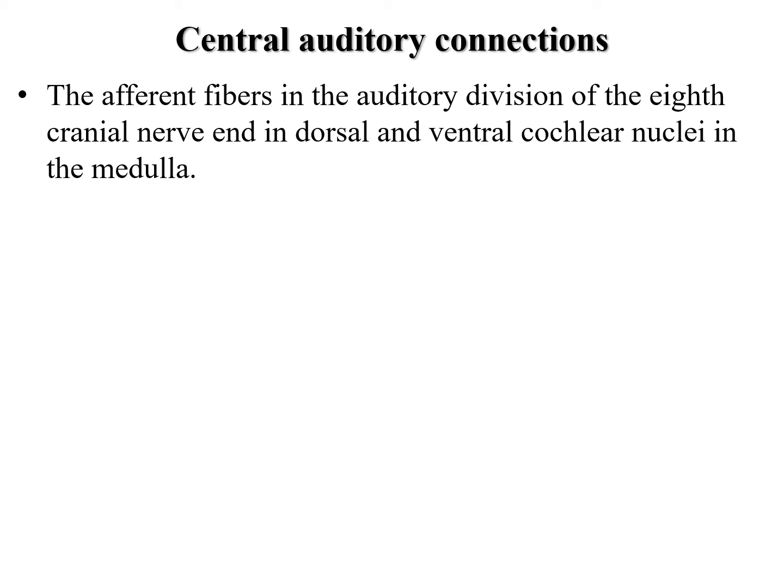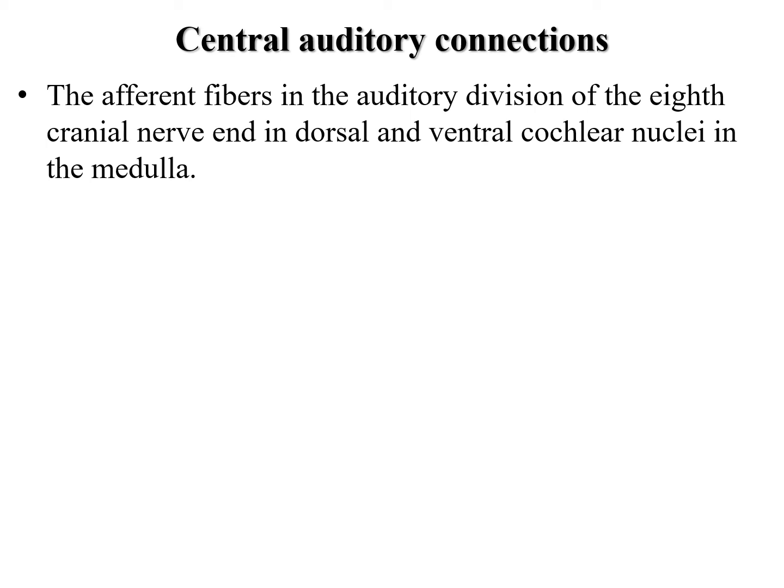After they reach the cerebellopontine angle, the fibers of this auditory division of the 8th cranial nerve ultimately end on two nuclei, namely the dorsal and ventral cochlear nuclei, which are at the level of the medulla oblongata. So this is the end of the first order neurons of the auditory pathway.